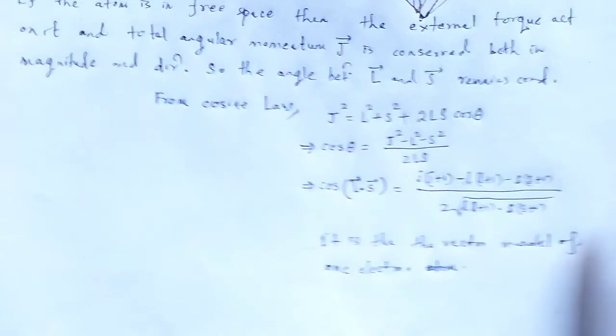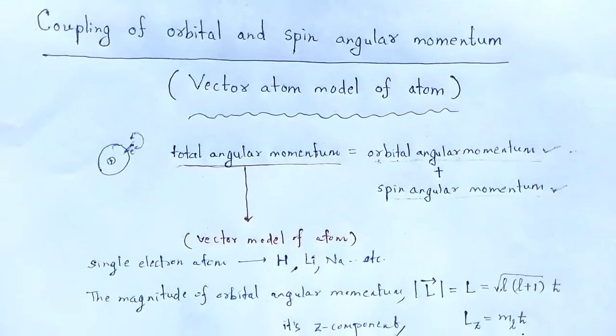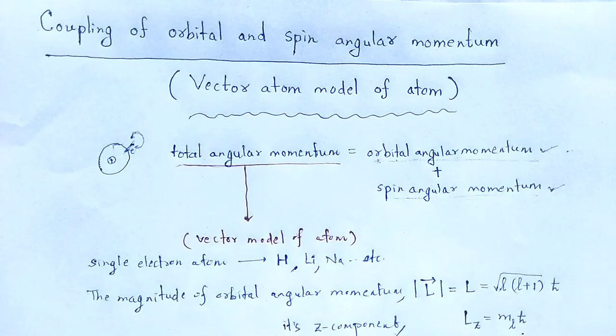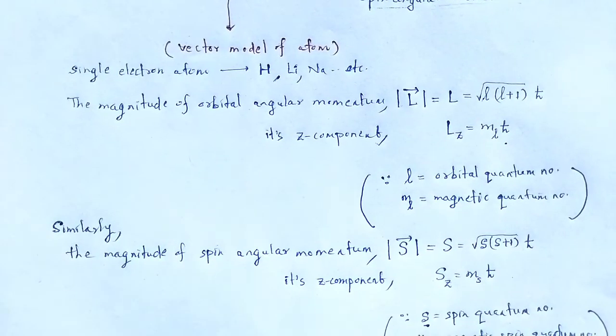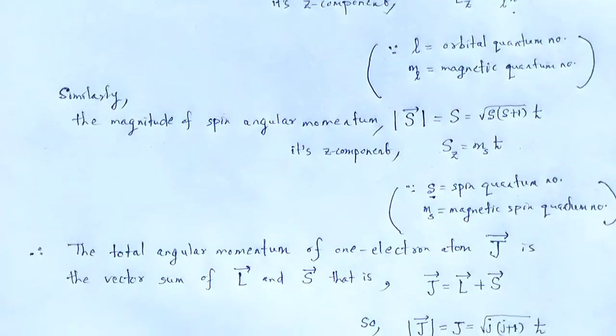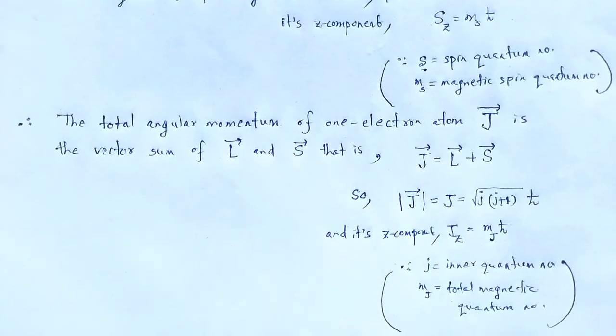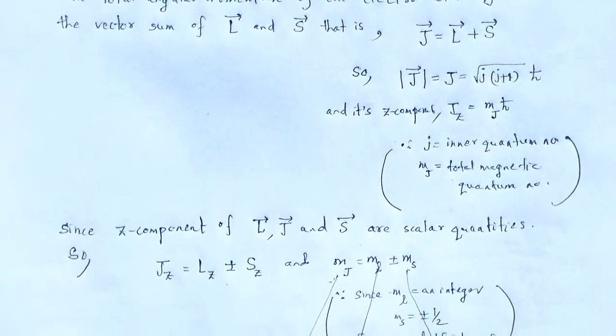With the help of this video lecture we understand the coupling of orbital and spin angular momentum, that is, the vector atom model. We take first the orbital angular momentum, then the spin angular momentum, then add them vectorially to find the total angular momentum.